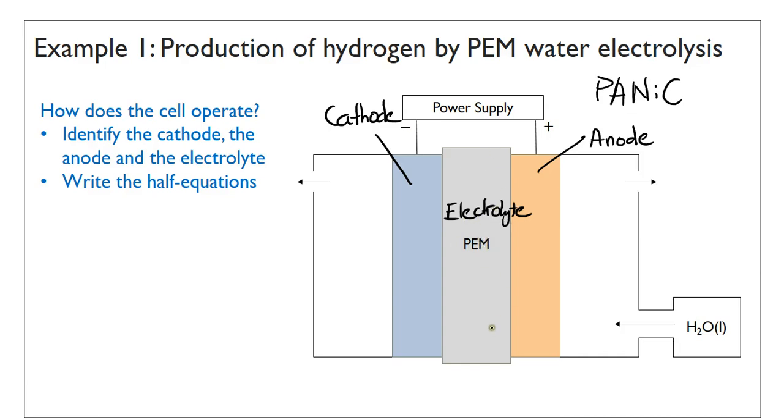The electrodes are already inert, so we can't consider them. The only thing that you have left, according to this diagram, is the water. So there is some water coming in and coming into contact with the anode. Notice how there isn't any water being drawn on this side, so it doesn't look like the water gets to the cathode even, so it's just the anode.